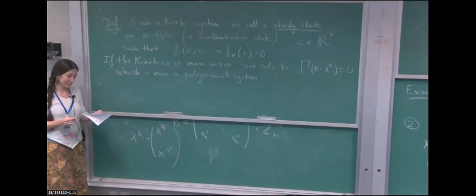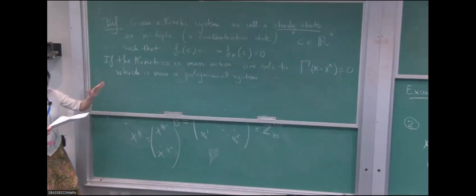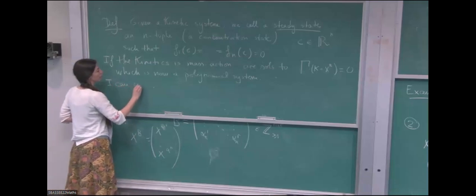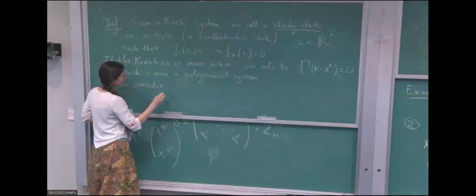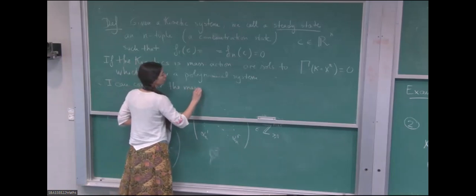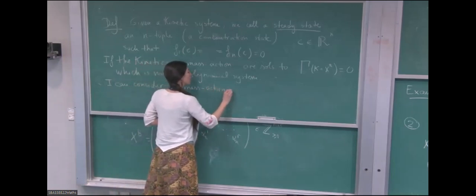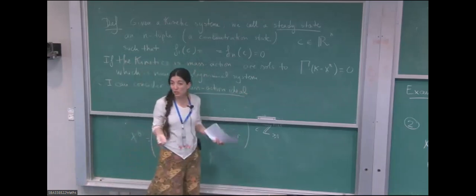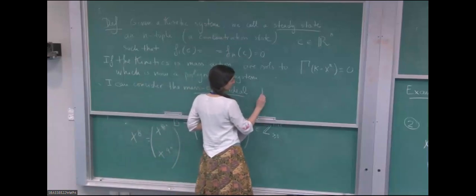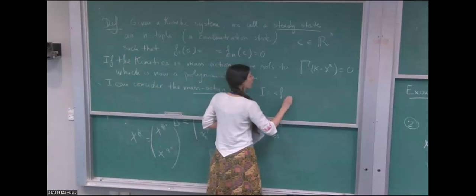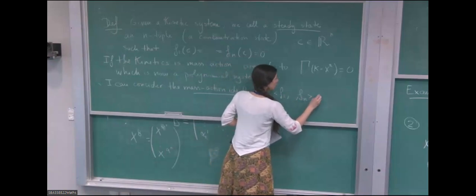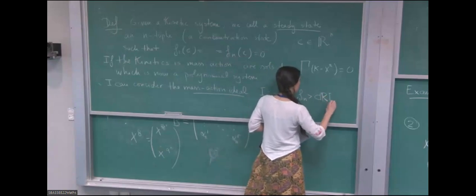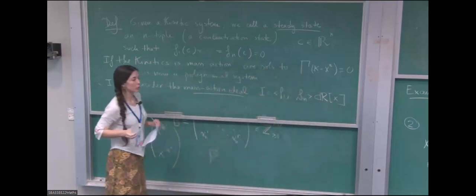And now, under this assumption, of course, I can consider an ideal generated by the functions f1 to fn, which now are polynomials, real, say, in the variables x1 to xn.